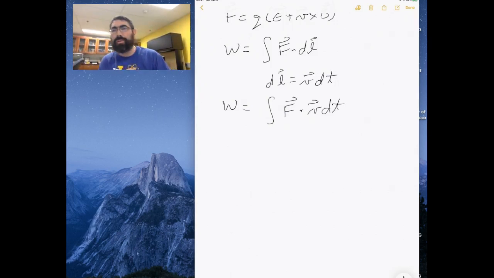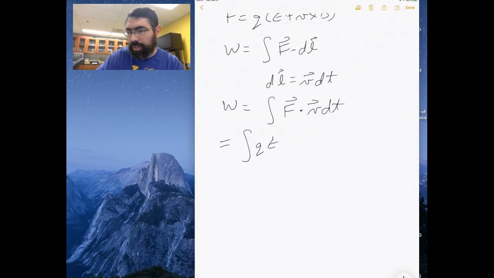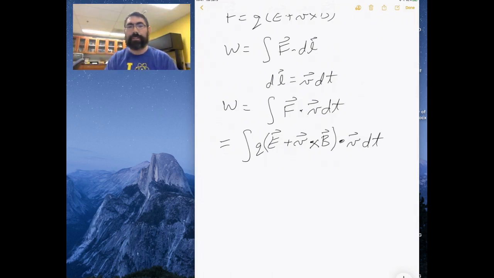So now I'm integrating over time, not length. That's pretty good. And I can put this into our equation. So I get q times E plus v cross B, dotted into v dt.